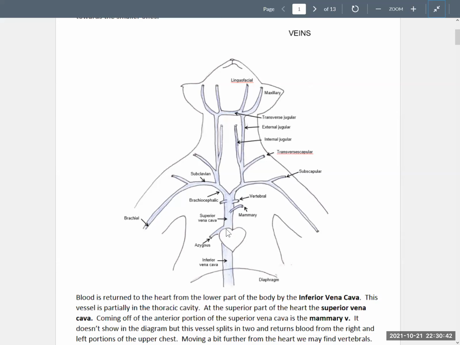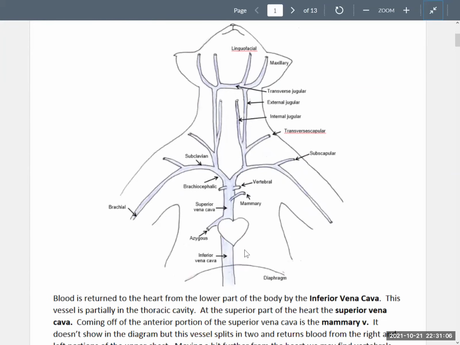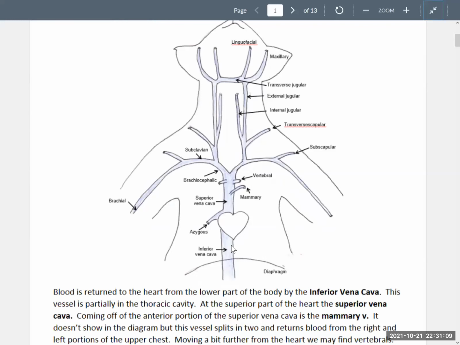Okay. Now, right above the heart and behind it, we're looking at the ventral side of a cat. It's lying supine on its back. There's another vein called the azygos. I have lots and lots of pictures of these for you.